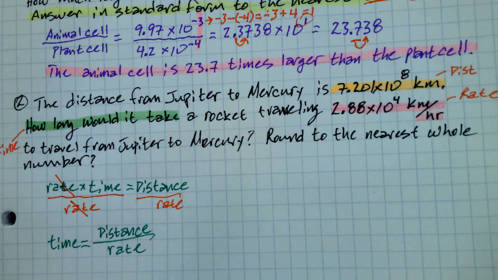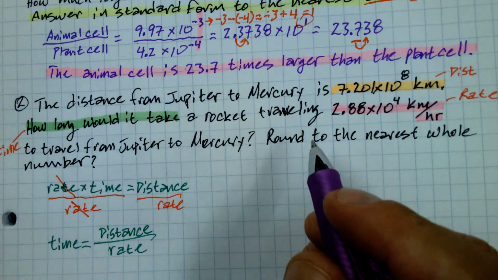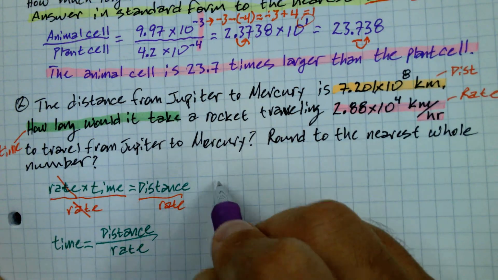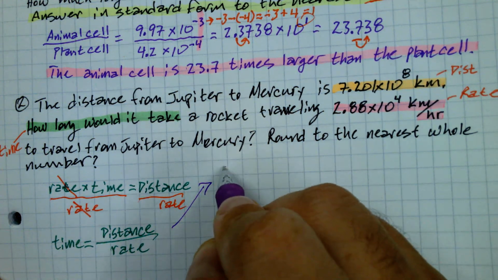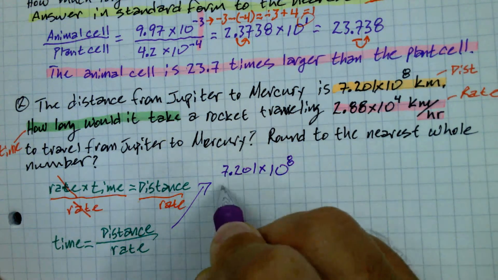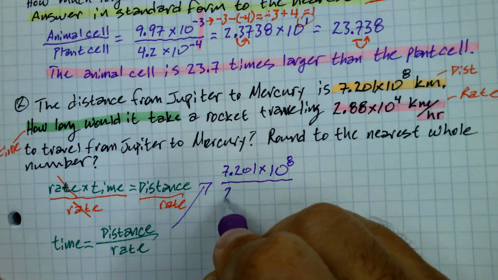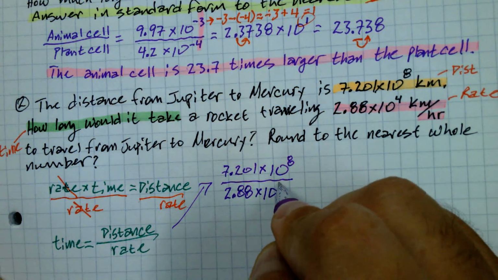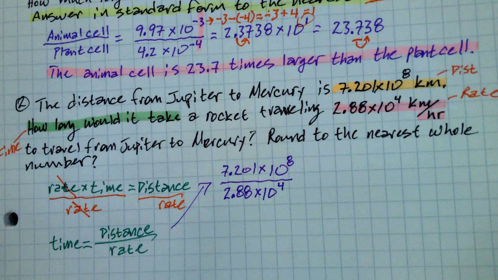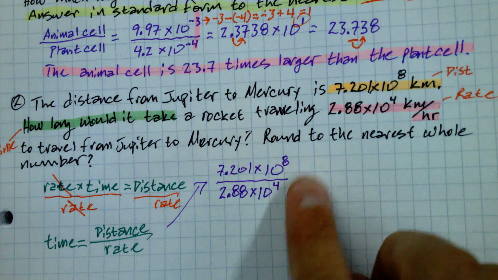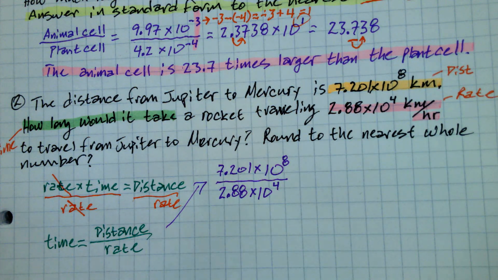I'm going to take my distance, 7.201 times 10 to the 8th, divided by the rate, 2.88 times 10 to the 4th, and divide them. And that should give us our answer.